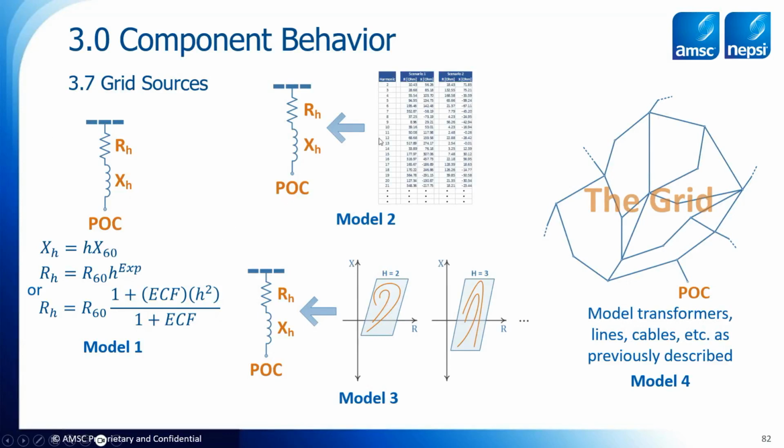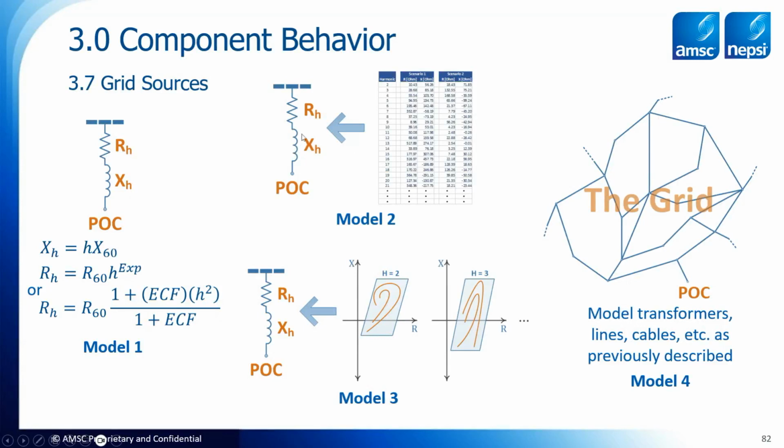Model 2 is almost identical to this, except each R and X is just in a table. And we have multiple scenarios we can pull from. So we just look the value up. So we're at the 5th harmonic. We come down to here to the 5th. We pull out 94 and 143. We shove them in.